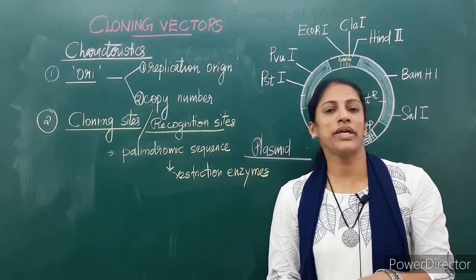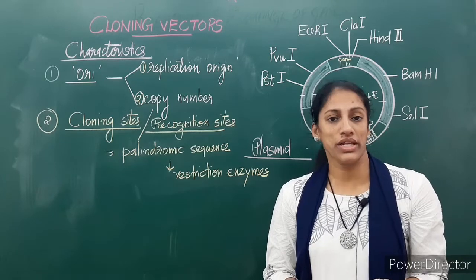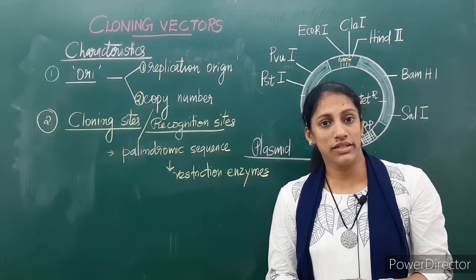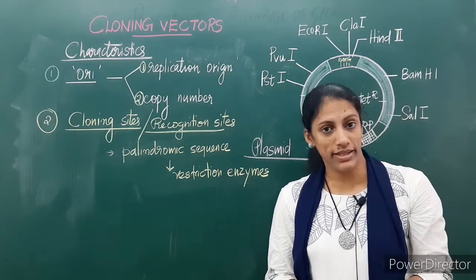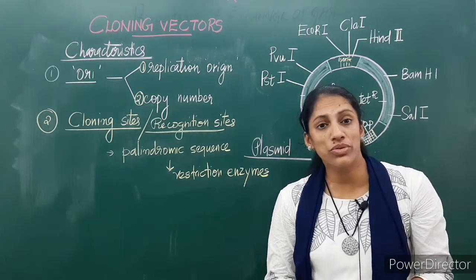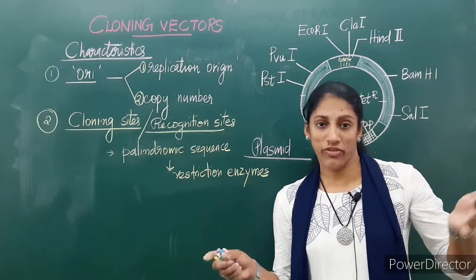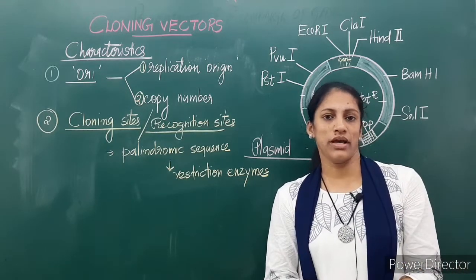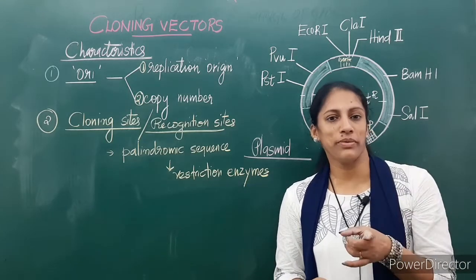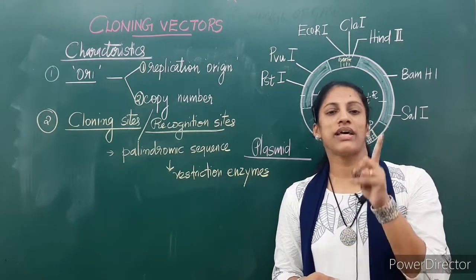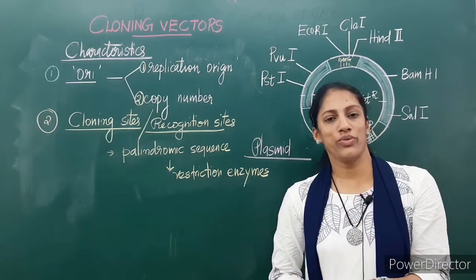It disturbs our cloning process, I mean our genetic engineering process. The reason is when one enzyme has two cloning sites in the plasmid, it produces two cuts and the pieces will be separated. We may have to insert at both places, and anyway this creates trouble. Preferably one enzyme must have one cloning site in the cloning vector.